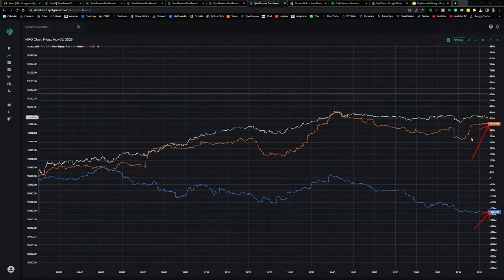So they were buying calls and buying puts. Call buyers are winning. Let's go take a look at the chart. We'll zoom in on the first couple of hours, up until about 11, for NASDAQ.